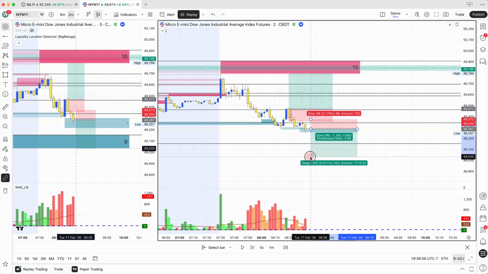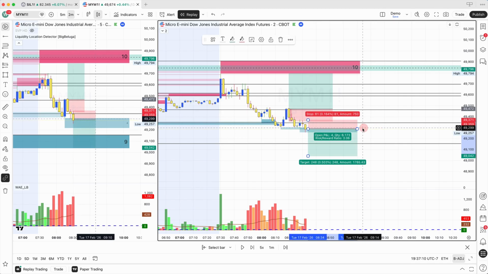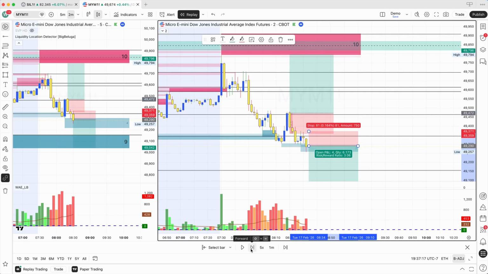If I was really dangerous, if I was really thinking I could get some of my money back, I'll do it like that, and set my stop back above the liquidity sweep line that was previously created. And now we're going to see what happens.